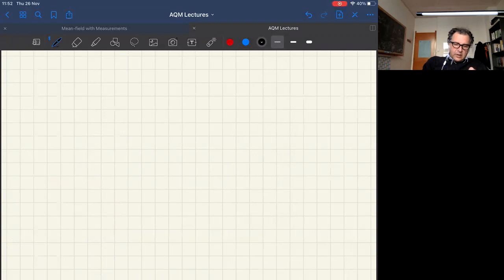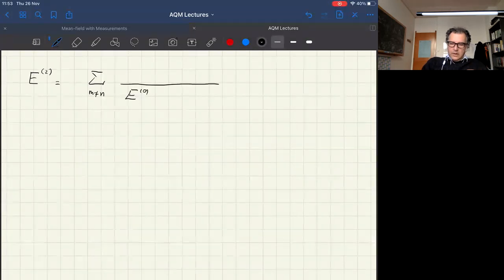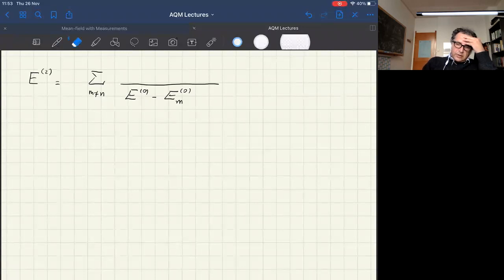The second order correction was something like E2 is equal to the sum over m different from n of E0 of n minus E0 of m. Sorry, we do it for the ground state, so we just put here 0, okay?